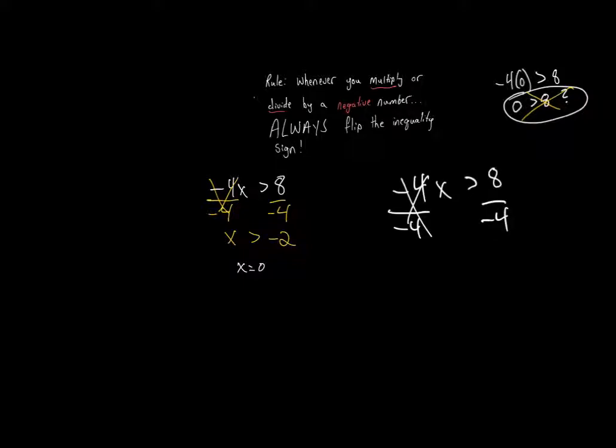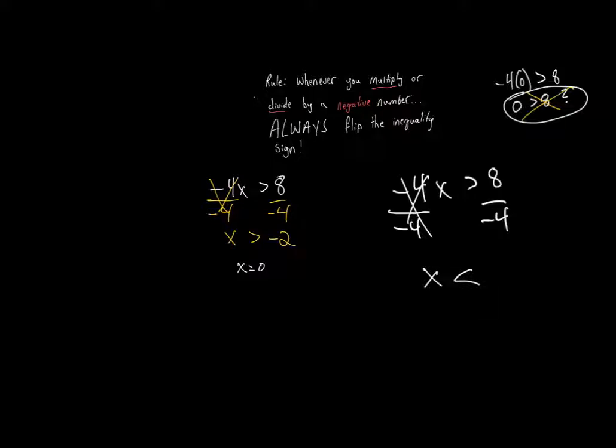And because I divided by a negative number, I'm going to flip the inequality sign, just like my rule up here says to do. Always flip the inequality sign whenever you multiply or divide by a negative number. I've divided by a negative number. You can see that right here. So what I need to do is I need to change this greater than sign into a less than sign.